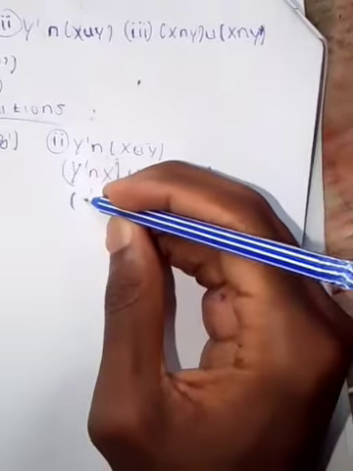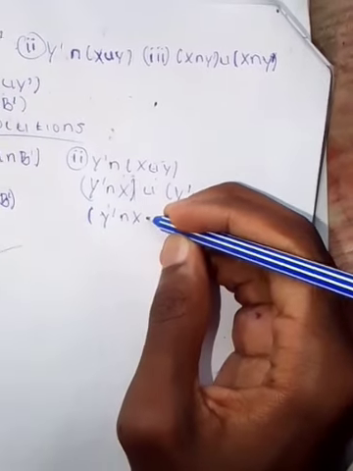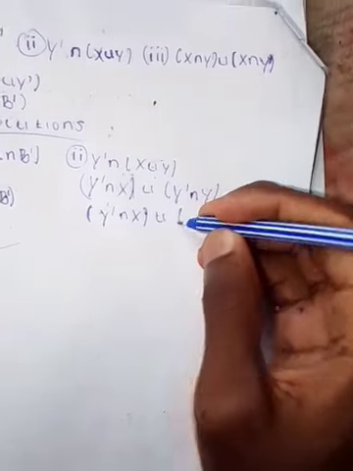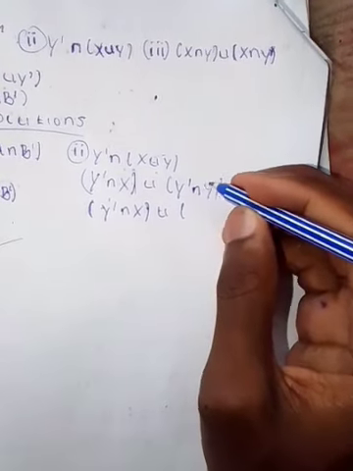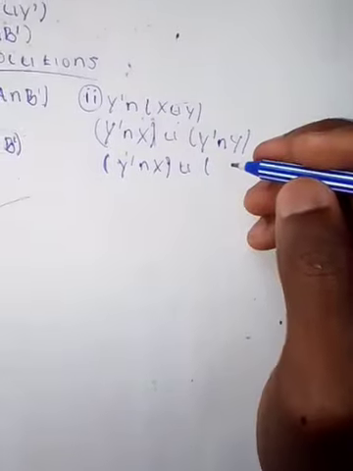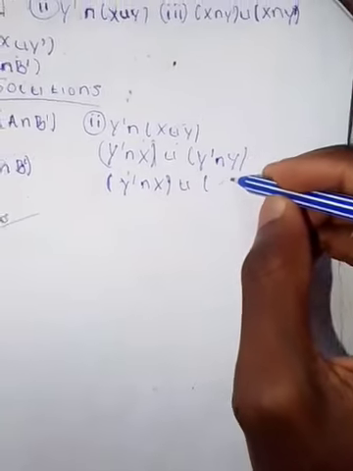Now we're going to have y complement intersected with x union. Remember, when we intersect a set with a complement of itself, we are going to get an empty set.